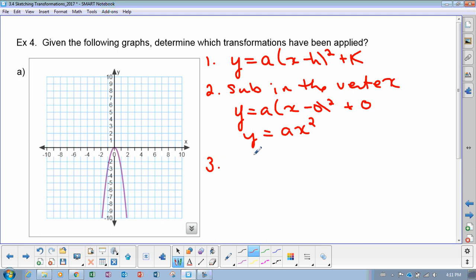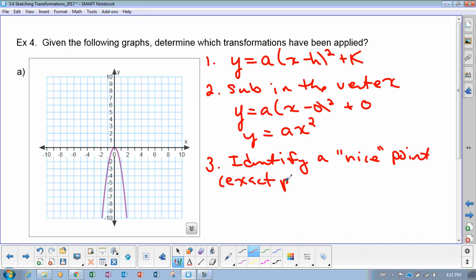For step 3, I'm going to identify a nice point, or exact point. When I look at this graph, I see that right here at (1, -3), it's an exact point. So I've got that point: 1, -3.